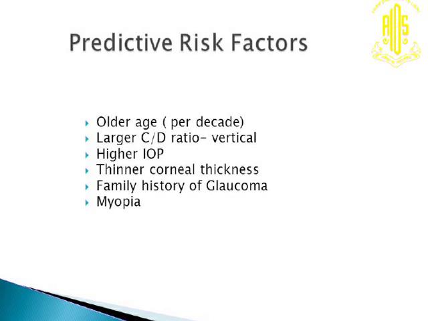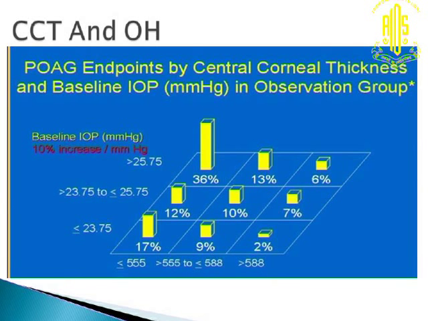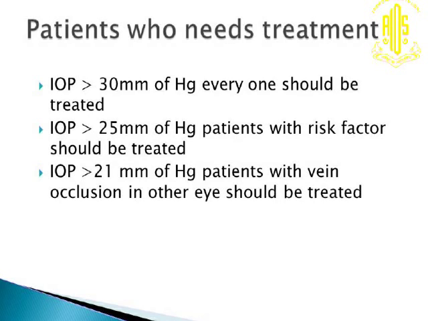The family history of glaucoma, the patient who has a strong family history of glaucoma is probably 20 times more prone for the development of glaucoma as compared to the normal individual. And the myopia. Remember one thing, the thinner cornea and the higher IOP at presentation is more related to development of primary open-angle glaucoma over a period of time as compared to the thicker cornea and relatively low intraocular pressure at the presentation.